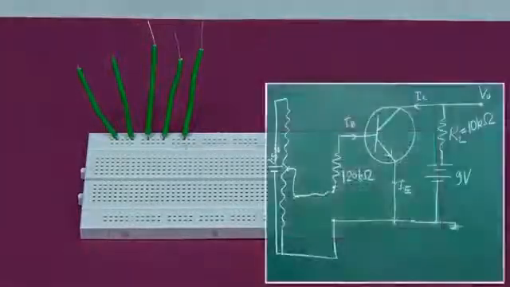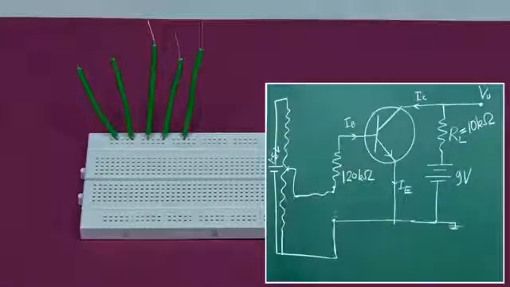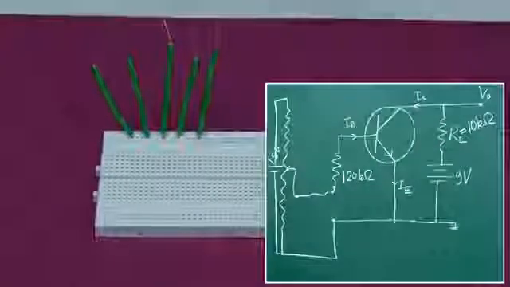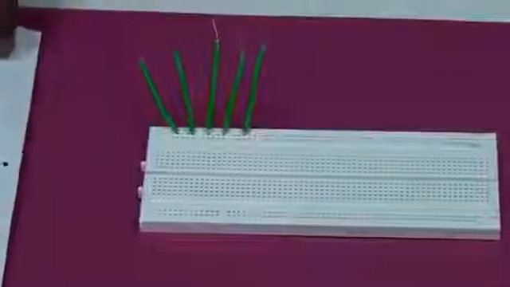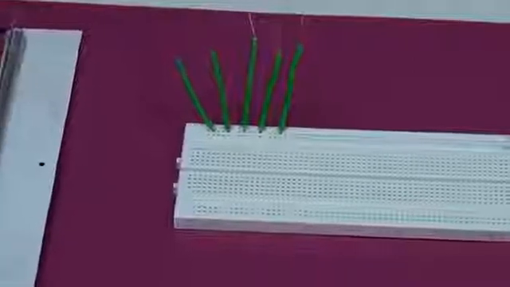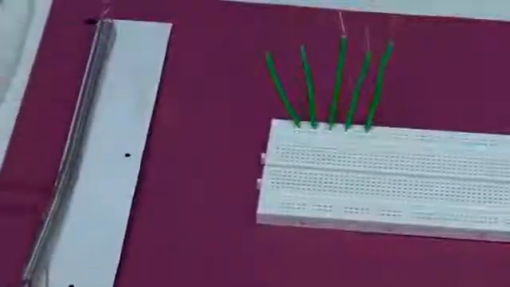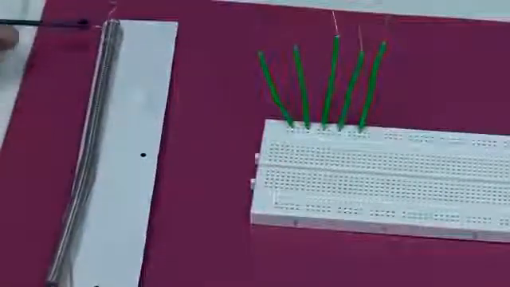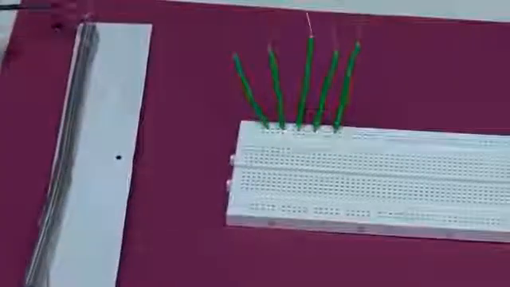So, let us first construct that input side and the 1.5 volt battery with heater coil to give bias to the base. Right. So, this is that heater coil. On this, we will be putting the 1.5 volt battery. So, 1.5 volt we can connect here, positive here and negative here.